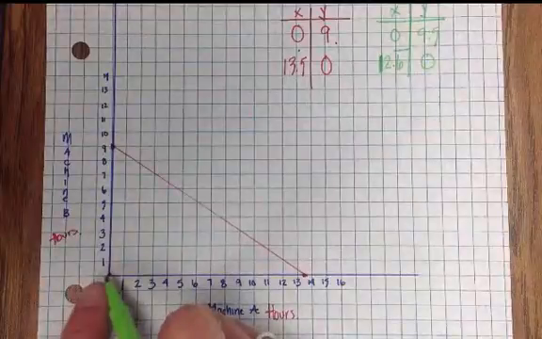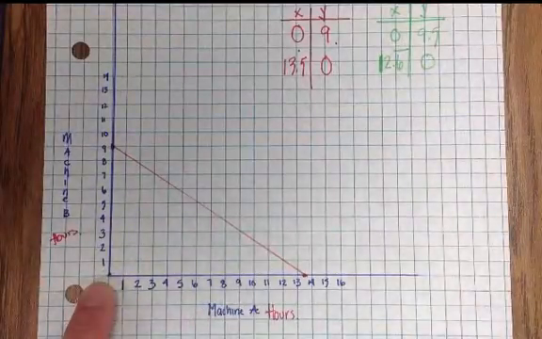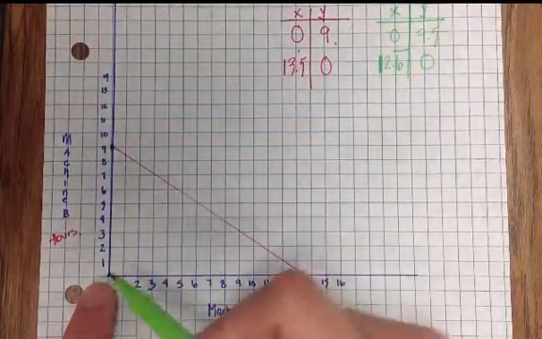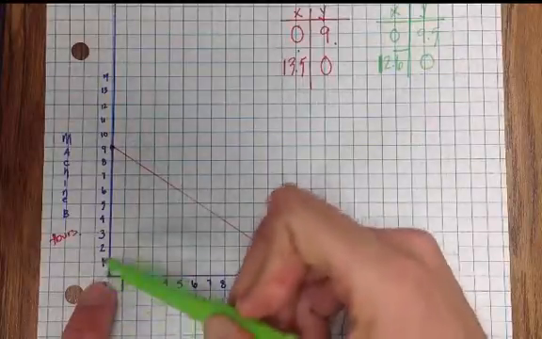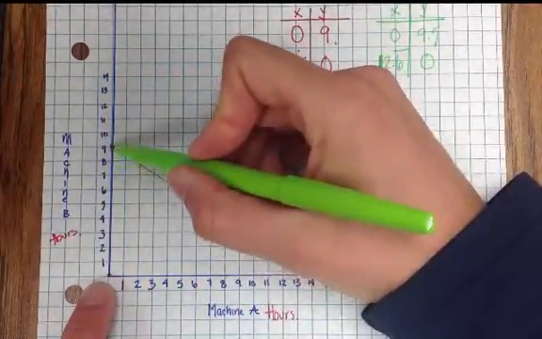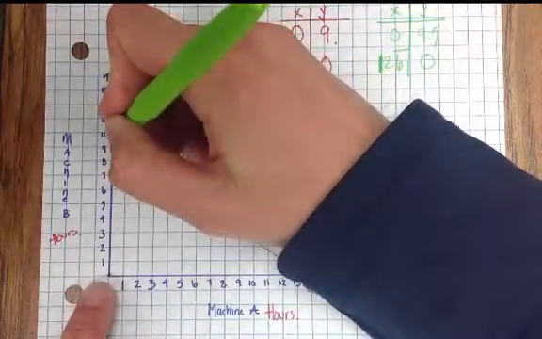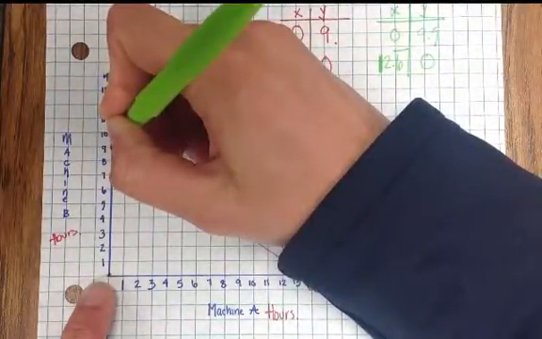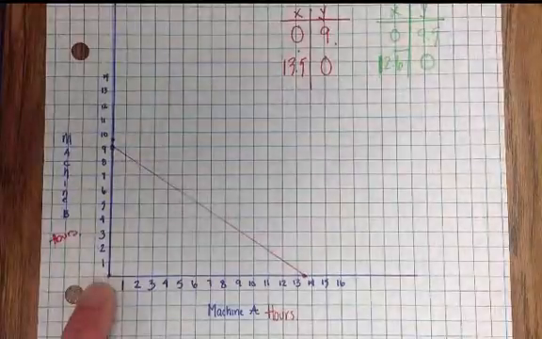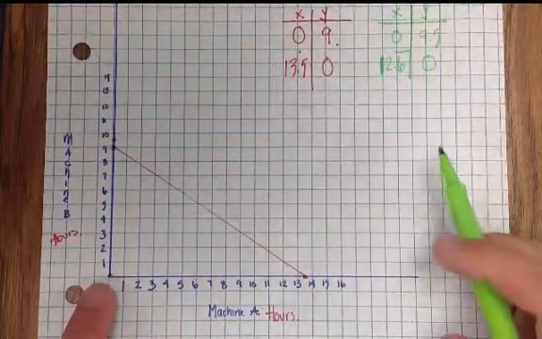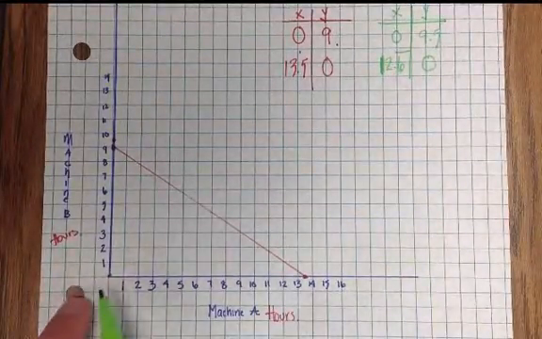Next function: when x is 0, y is 9.5, which means we're going to go up on the y-axis. There's 8, 9, 10, so 9.5 is between 9 and 10. So I'm going to plot my point there. This one's a little trickier because we have 12.6 repeating when y is 0.